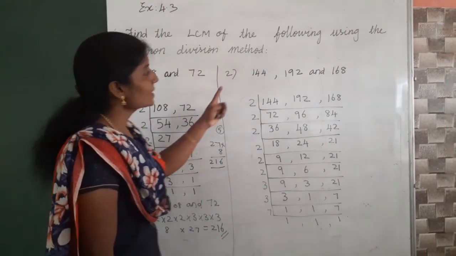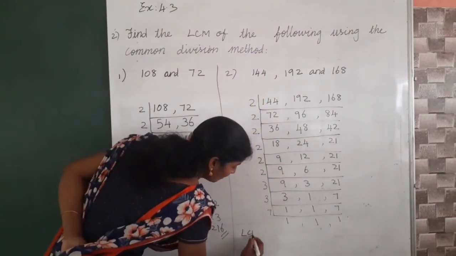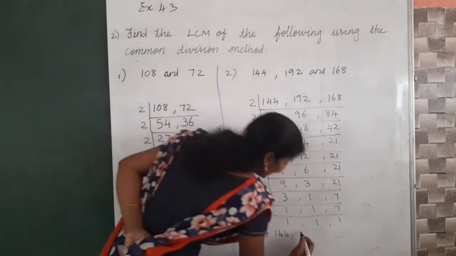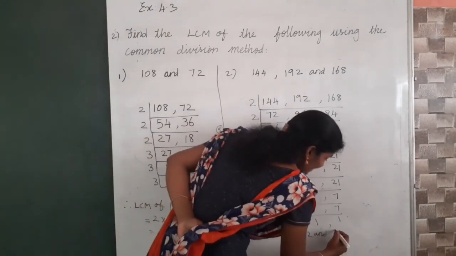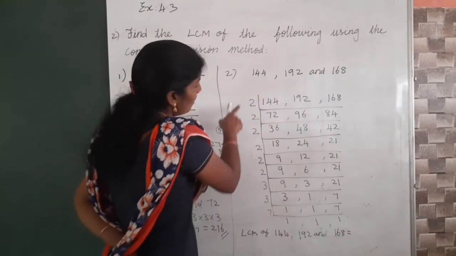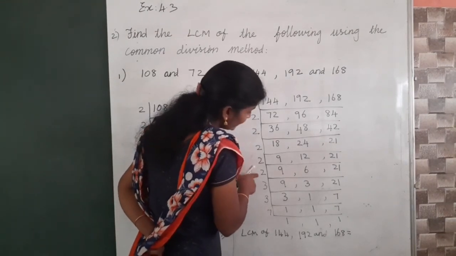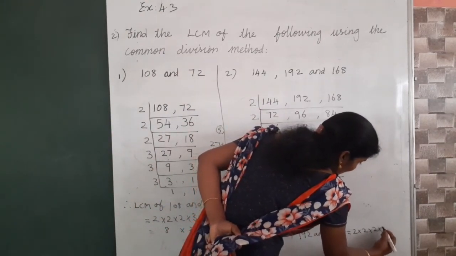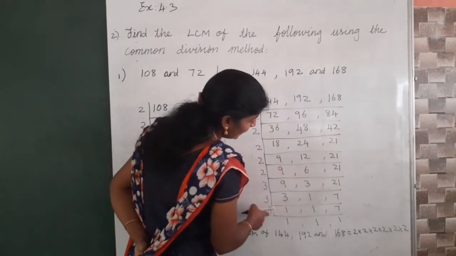Now what is the LCM of 144? Now we can write the LCM of, therefore LCM of 144, 192 and 168 equal to, now we can multiply all the prime factors, isn't it? 2 1 2 3 4 5 6 times, isn't it? 2 into 2 into 2 into 2 into 2 into 2, then 3 into 3 into 3 7.